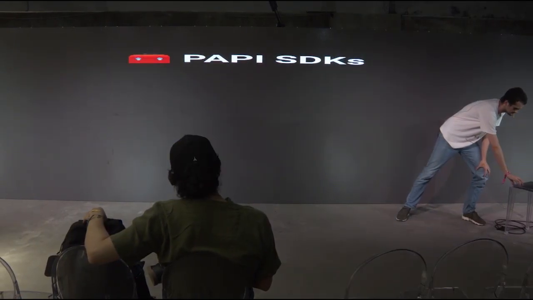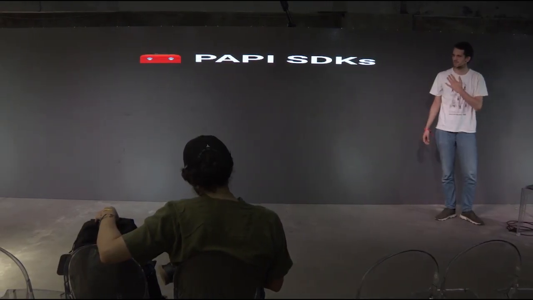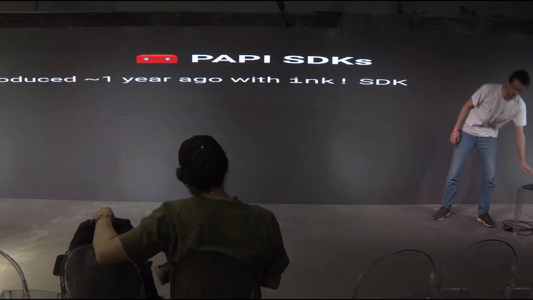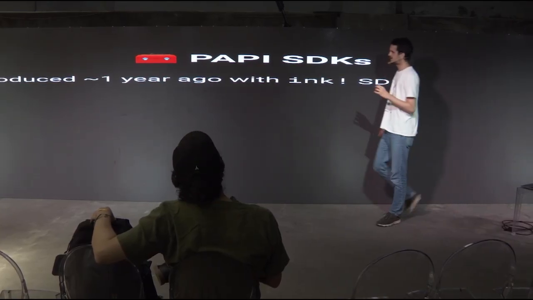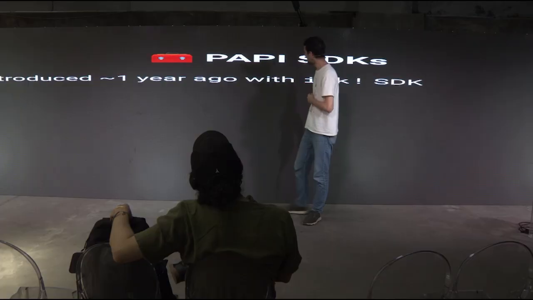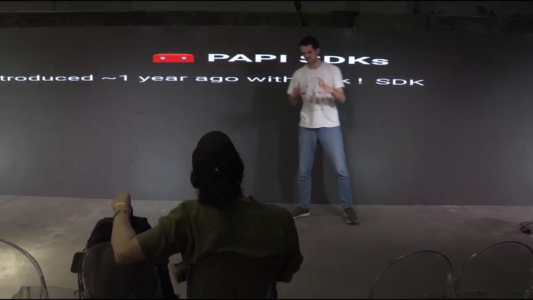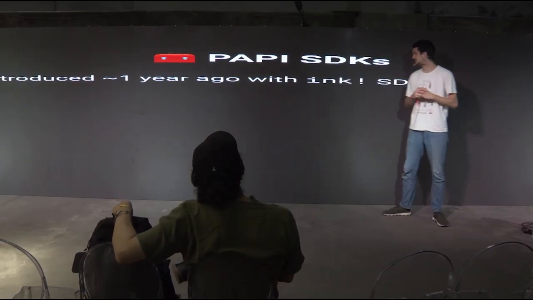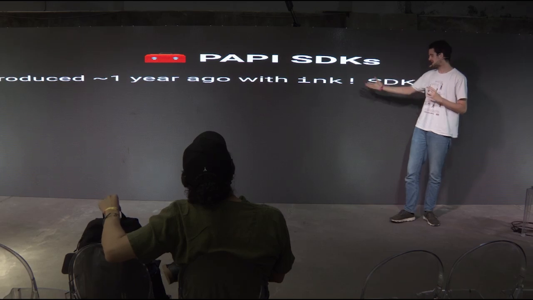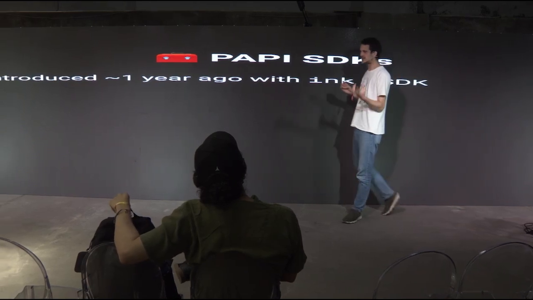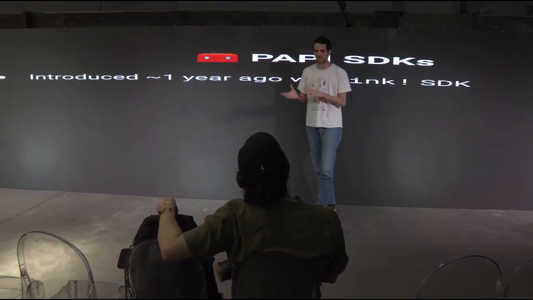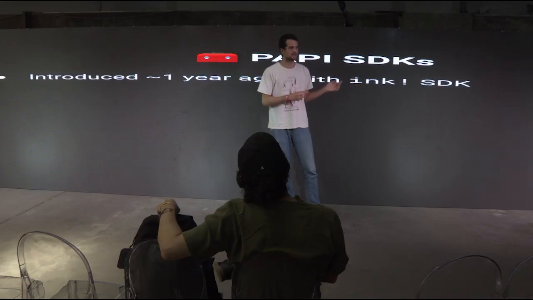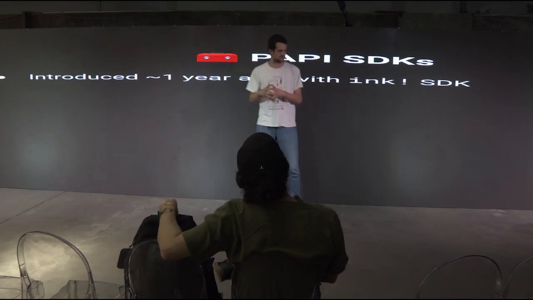Then, what are PAPI SDKs? We introduced PAPI SDKs around a year ago, and the first use case that we found for the PAPI SDKs was the Ink SDK. So interacting with an Ink client. Ink, if someone is not familiar, is a smart contract language in Polkadot.